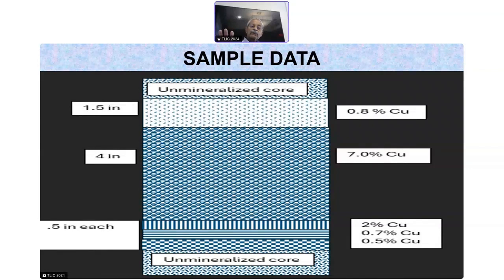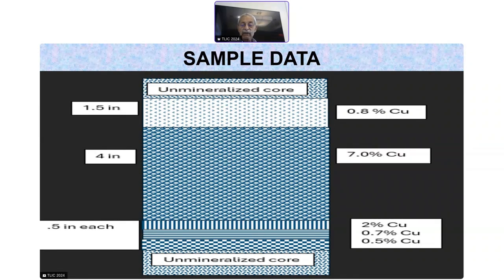Now, for calculation of reserves, we need the average of this ore in this borehole. This is just one borehole. So how do we get the average? It is not an arithmetic average. If you do an arithmetic average, for example, of this 7% copper and 0.5% copper, it all combines into one, so the value of this copper is diminished.